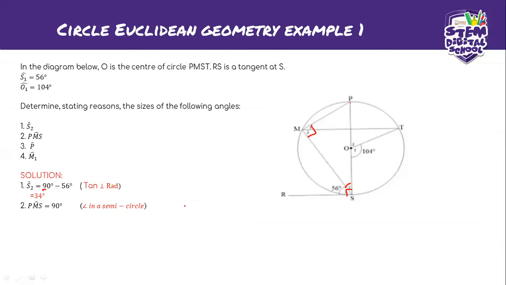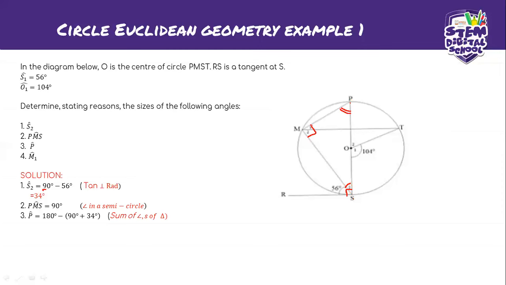We then go to number 3, the angle P. Where is angle P? We are looking for this angle now. Then how do you go about it? Let's see. Now we say angle P equals 180 minus (90 plus 34 degrees). Why? Because PMS is a triangle, and we have already determined this angle S2 here.